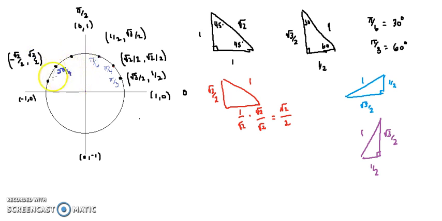Okay, and then if you go around here, it's the same triangle, but it's negative, negative. And then over here, it's the same triangle, but it's positive, negative. So all of these points as you go around give you the same triangles. You just have to figure out which one's positive and which one's negative.